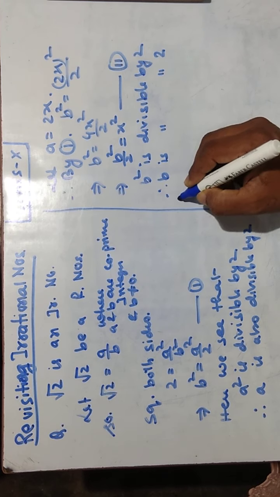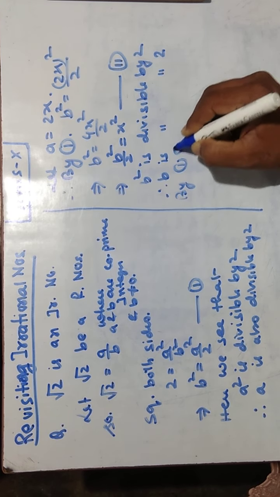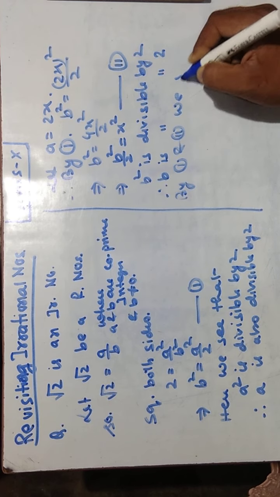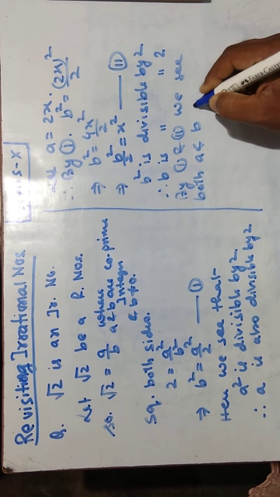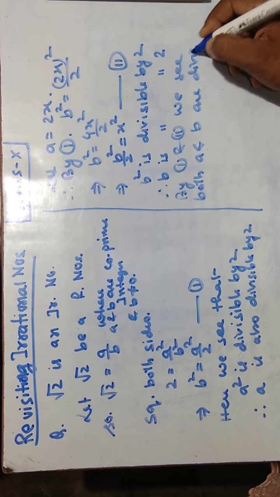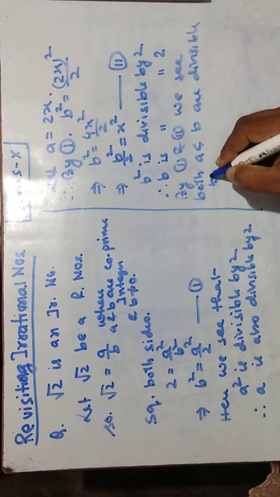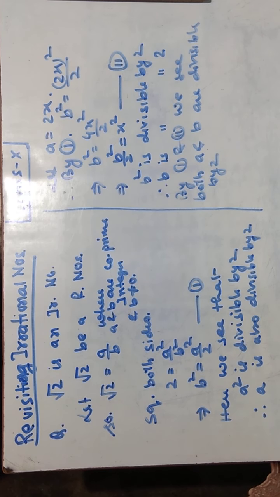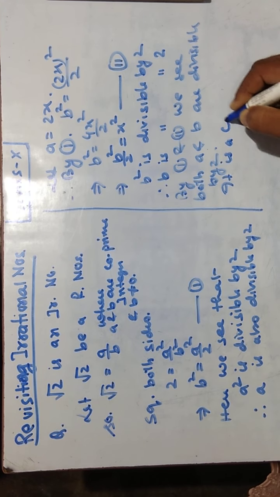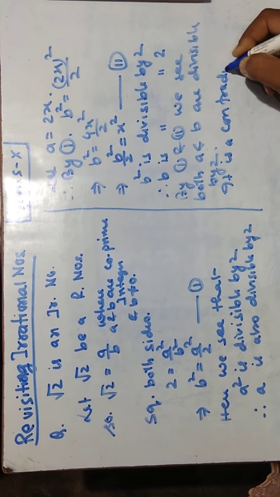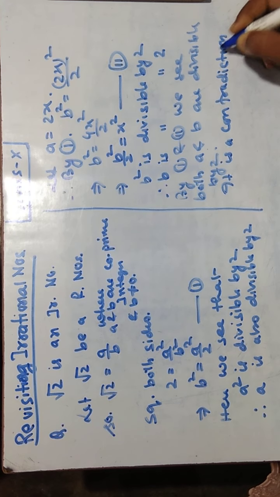By the first and second equations, we see both a and b are divisible by 2. As we find that both a and b are divisible by 2, it is a contradiction. Why is it a contradiction?